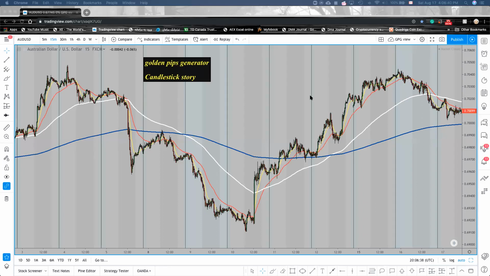So let's start. What I have ready for you guys here today is about Candlesticks story. What I mean by Candlesticks story is I'm going to show you how you can use your knowledge of market structure and mix it up.